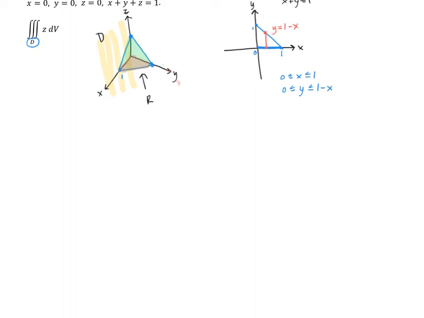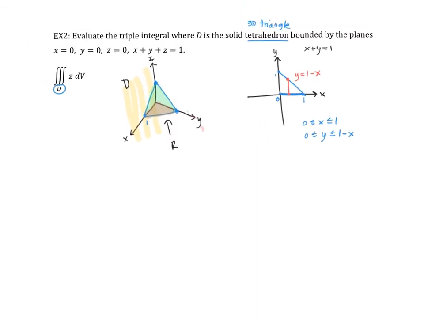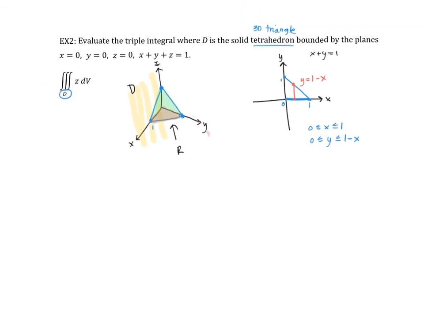Now I have to figure out the limits on z. Well, if you look at the original problem, we're told that we're looking at z equal to 0, and then x plus y plus z equal to 1. Those are going to be my limits of integration for z. But I have to solve for z in x plus y plus z equal to 1. Think about this.